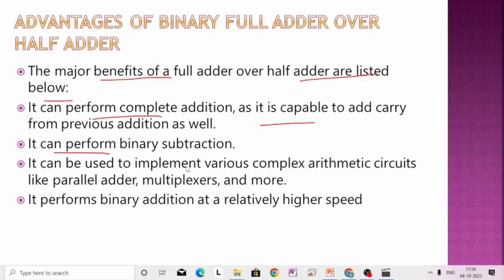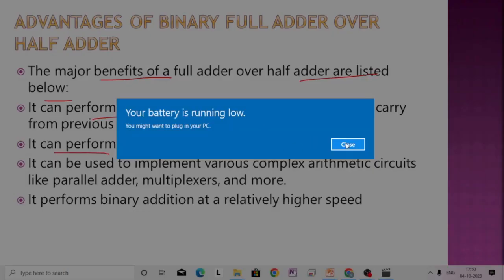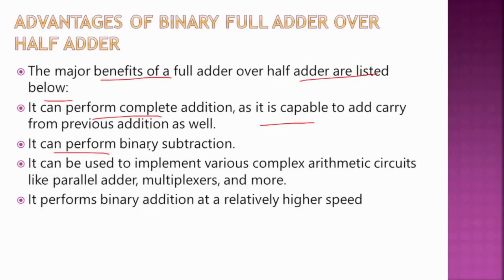It can also perform binary subtraction. We can also use it to implement various complex arithmetic circuits like parallel adder, multiplexer, and more. It performs binary addition at a relatively high speed. When compared with the half adder, it is able to do the operation with high speed.